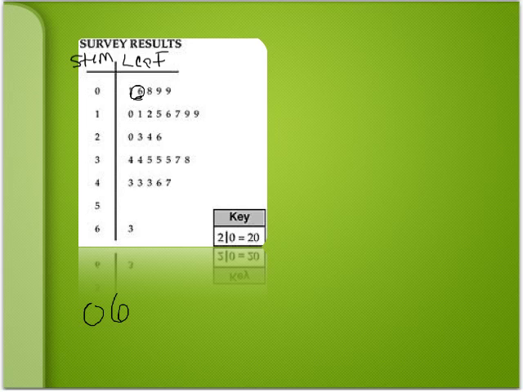So that number is 6. Whereas if we look at this number here, our stem is a 3, our leaf is an 8, so it's 38.